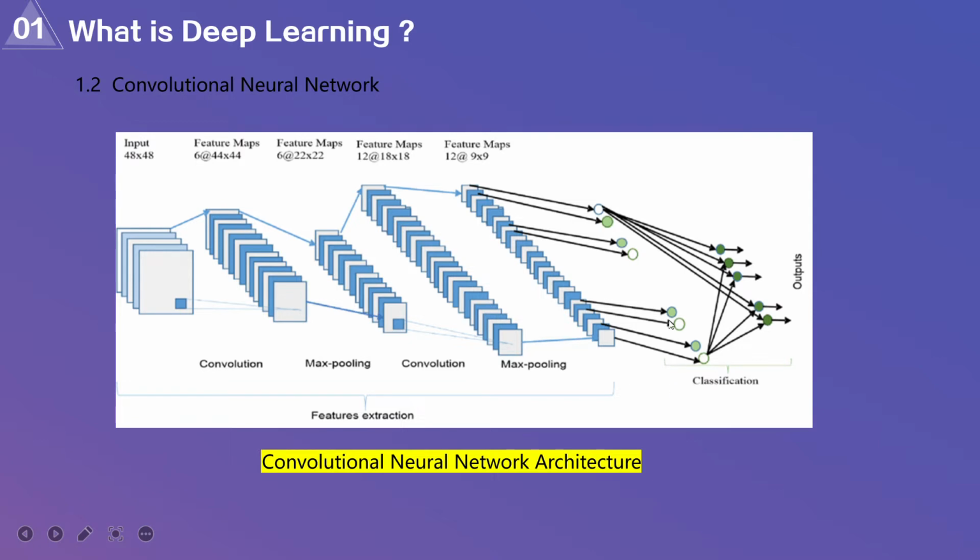And the last one is the fully connected layer, where we flatten the features after max pooling and use fully connected layers like a neural network to classify the objects in the input, to classify which object we want.